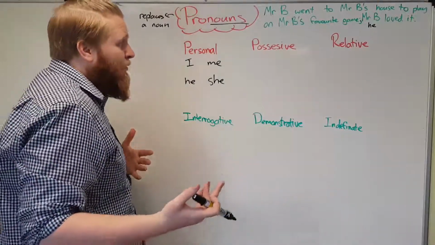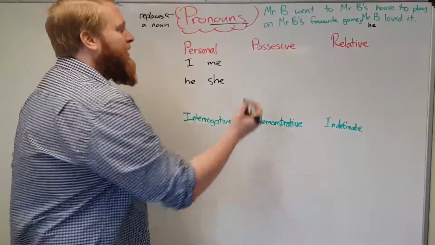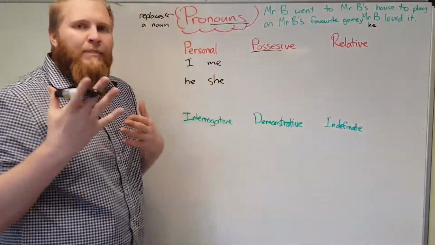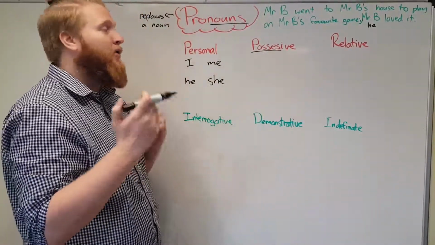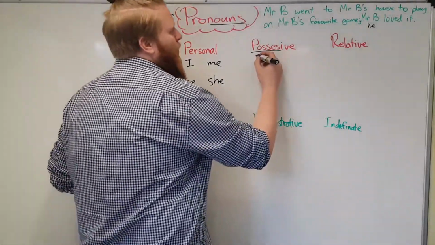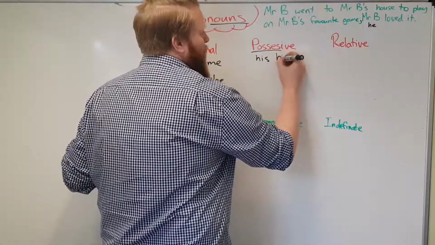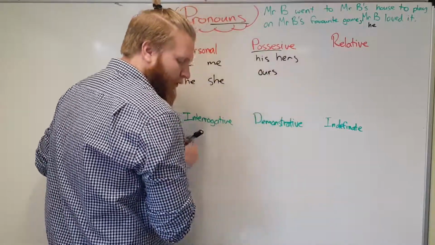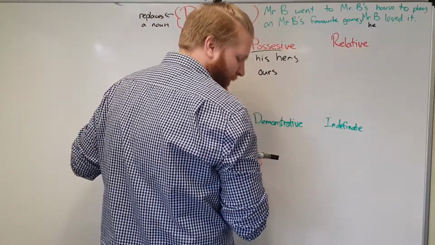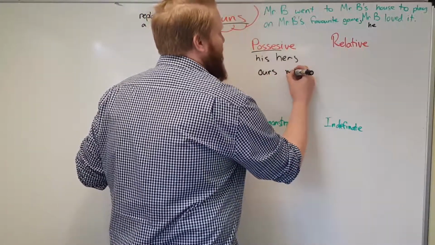Now, possessive pronoun, again, look at the word possessive, possessions. It means it belongs to someone. So we have words that we put in that replace nouns and we're referring to belonging to someone. So we have things like his, hers, ours. We could have my.